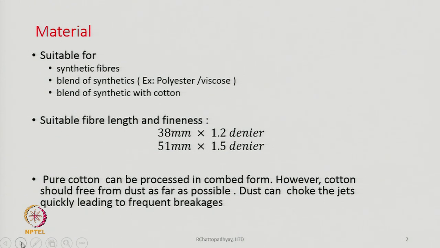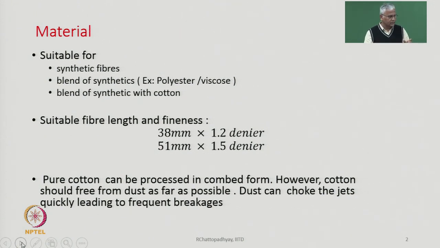So, why long and fine fibers? Because ultimately the fiber should have sufficient length to wrap the core part of the yarn. And it is not that the entire fiber length is used to really wrap the core part of the yarn, only part of the fiber length is used.